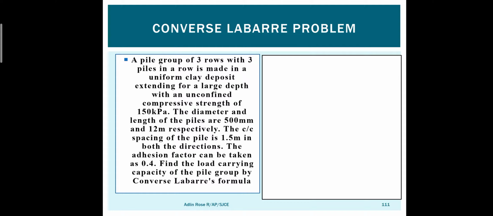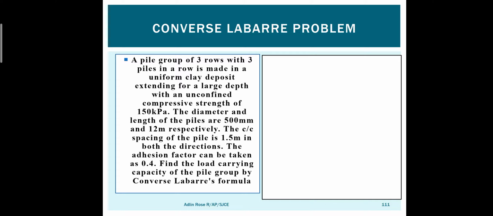A pile group of 3 rows with 3 piles in a row is made in a uniform clay deposit. So the soil is a clay deposit extending for a large depth, with an unconfined compressive strength of 150 kilopascal. The diameter and length of the piles are 500 mm and 12 meter respectively.